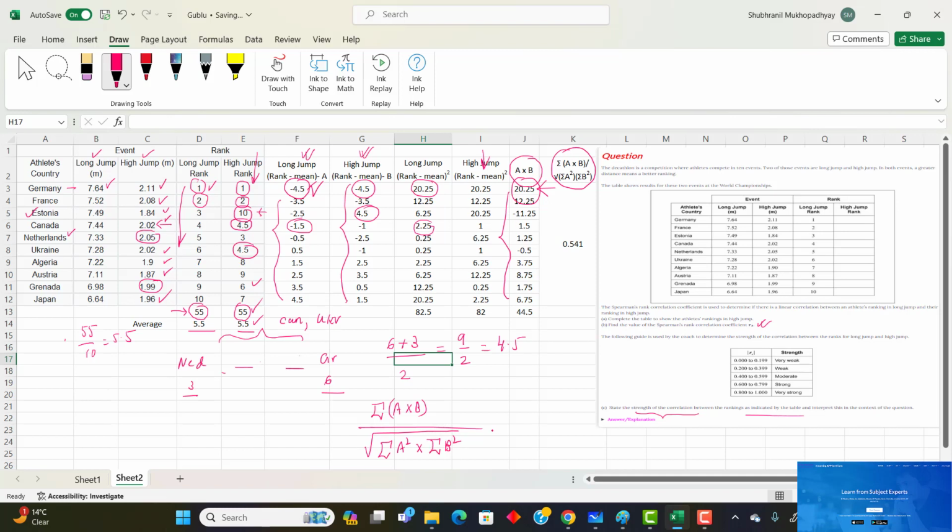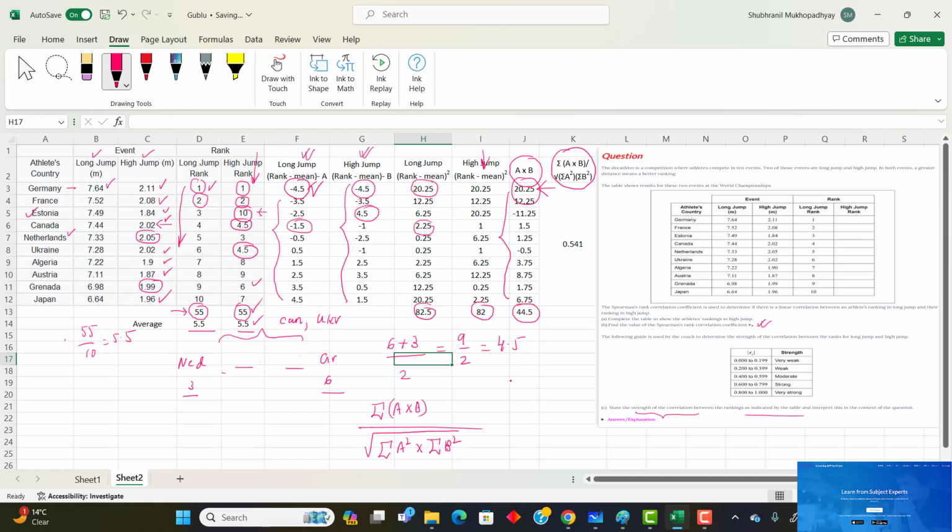Now this value is the sum of the square of deviations in the long jump category, which is A square in this case. And this one over here is B square, the sum of the square of the deviations in the high jump category. And A multiplied by B is the product of the deviations that we earlier found from the long jump and the high jump categories.